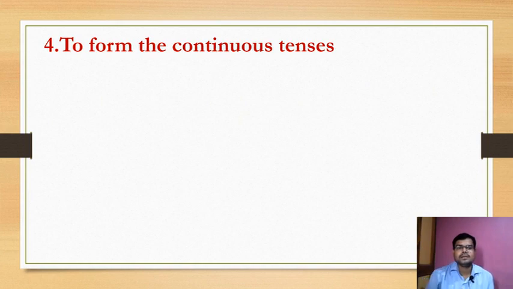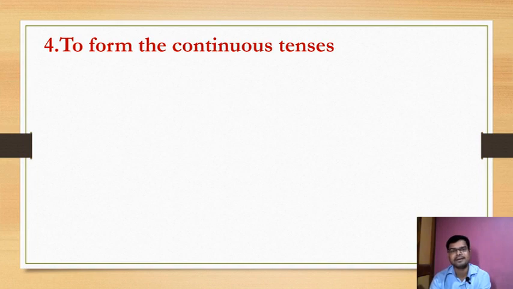Here we can use an auxiliary verb to form the continuous tense. Already we have seen the formula: subject plus helping verb plus verb's ing form and an object. Let me tell you one simple example. Like, I am baking a cake.